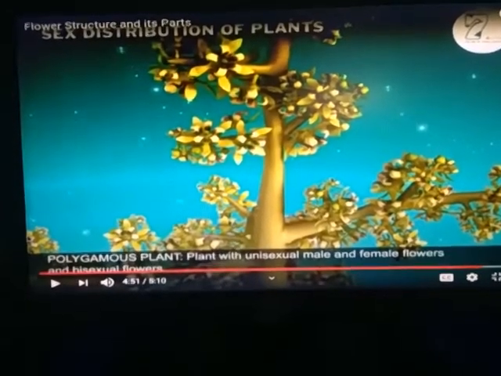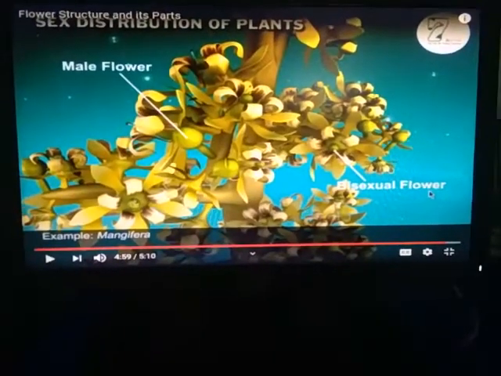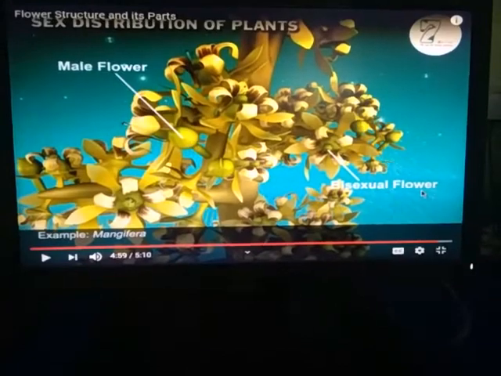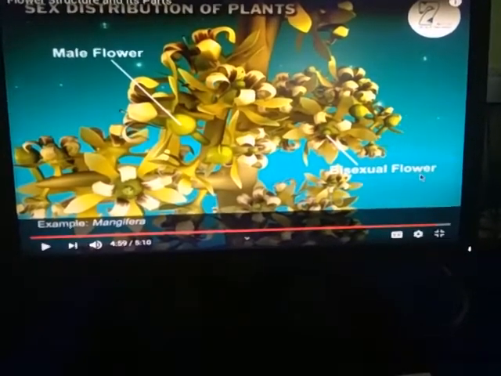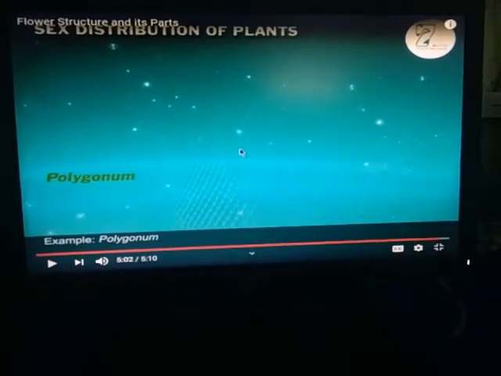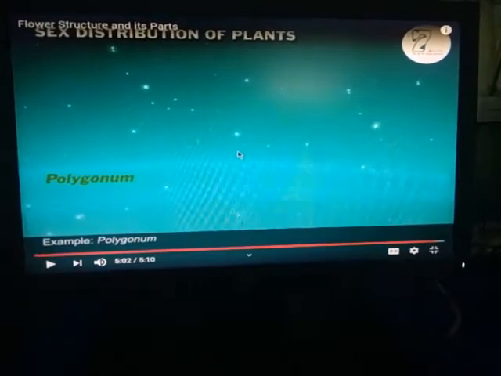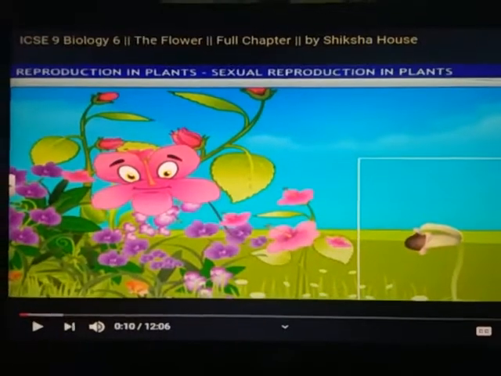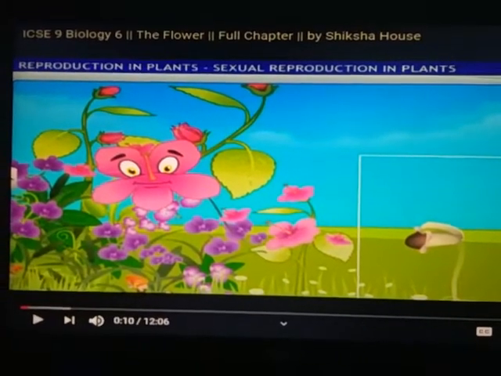Such plants are called polygamous plants. An example of a polygamous plant is Mangifera indica, that is mango. And the second example of polygamous plant is Polygonum.